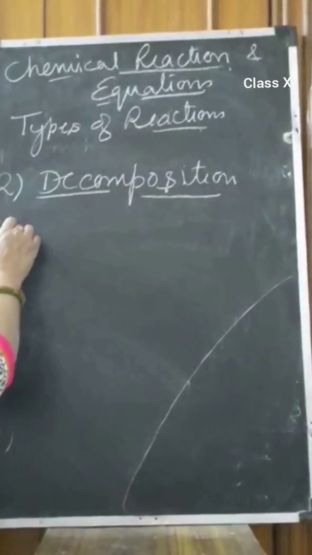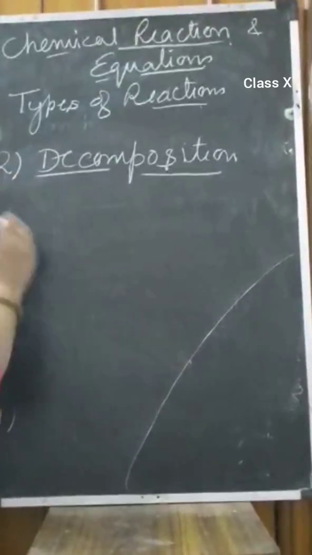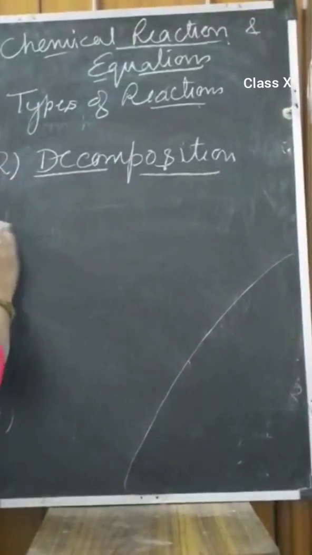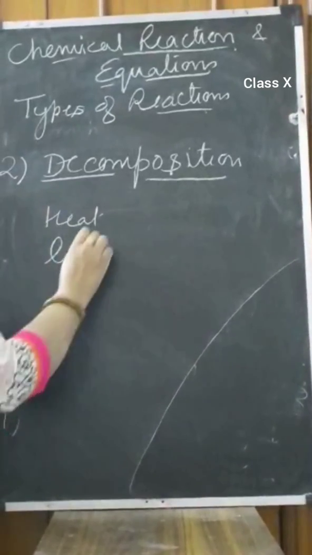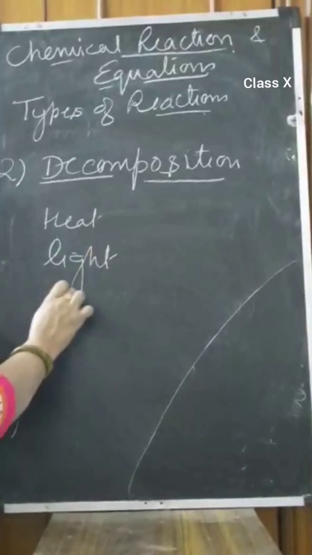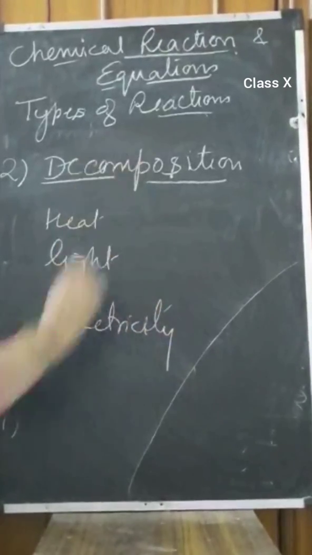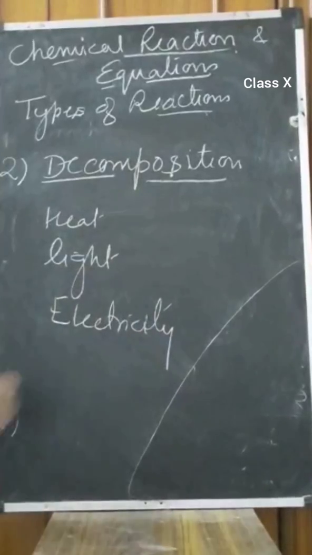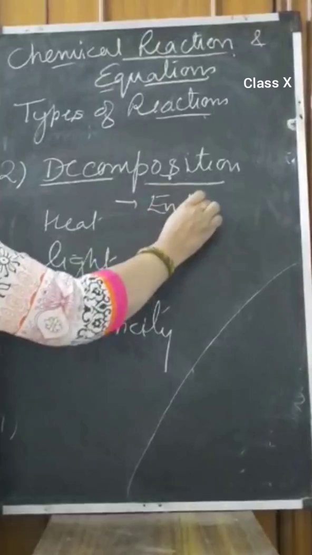In case of decomposition, there is a requirement of heat, light or electricity to break down the reactant. And these decomposition reactions are also called endothermic reactions.